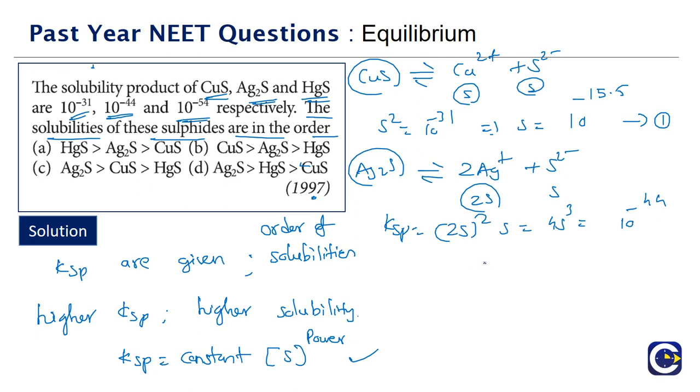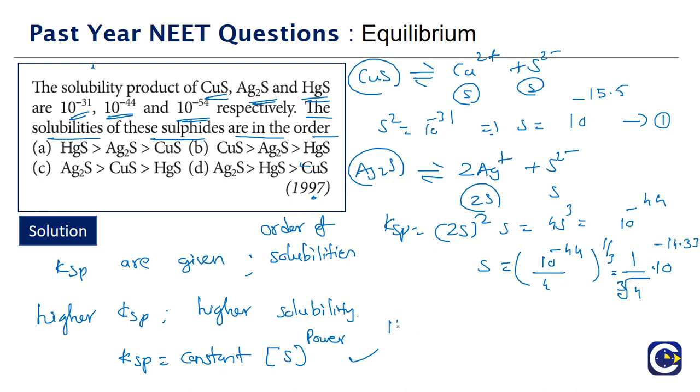Means S will be, so the 4 will go to the other side, the cube root of 10 power minus 44 by 4, which is the cube root of 4 into 10 power minus 44 by 3. It will be 10 power minus, because 45 by 3 means 15 will come. So it will be 14.33 like that. That is the second one, for the Ag2S.